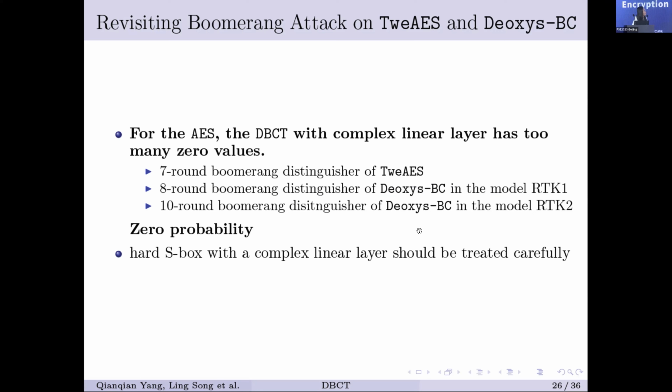Yes, it is possible. For S-boxes with this property, it is maybe for other block ciphers. Okay, thank you.